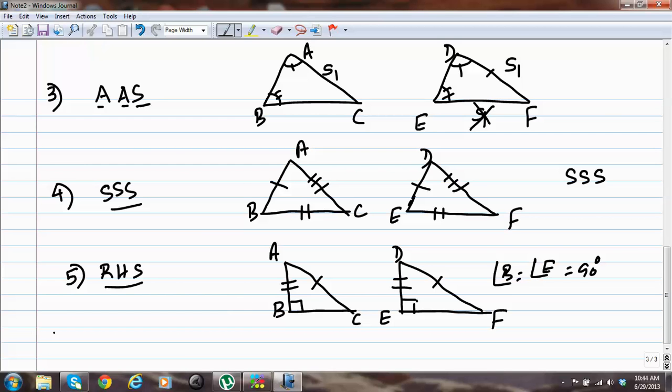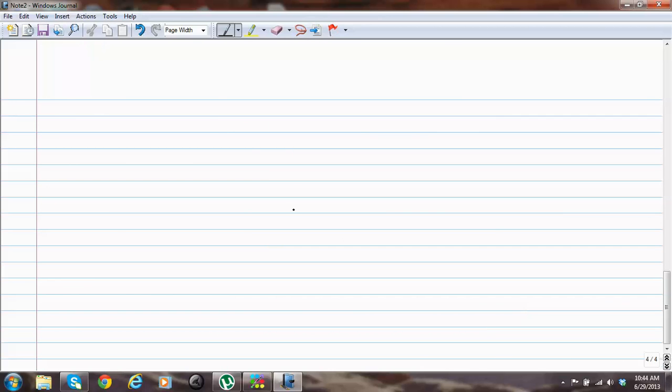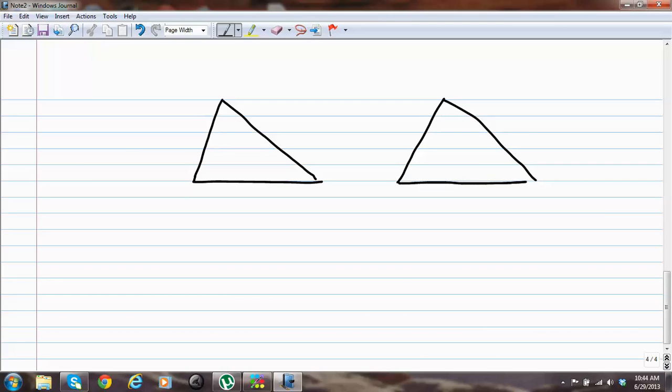One more important thing is, the last and important is, when you are representing two congruent triangles, suppose let me take this triangle and this triangle. I call this A, I call this B, I call this C, I call this D, I call this E, I call this F. Suppose in this we know by CPCT, the rule which we had studied initially, the corresponding parts of congruent triangles.